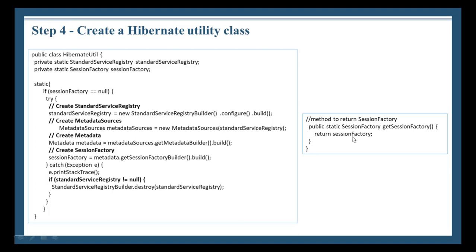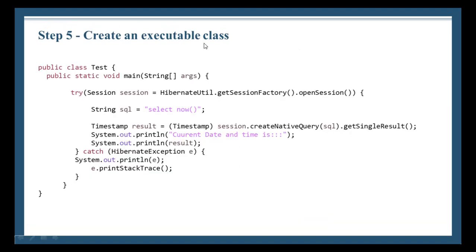And then we will create an executable class in which we will make use of the SessionFactory instance, and we can call the openSession method to obtain an instance of Session, and then we can fire any query to verify whether the connectivity has been done with the database or not. So in our example we will fire this query, select now, which will return the current date and time.